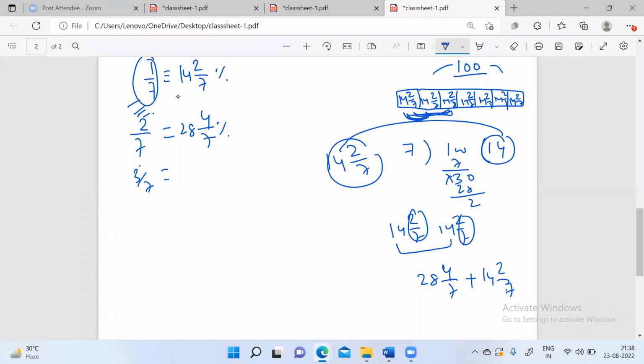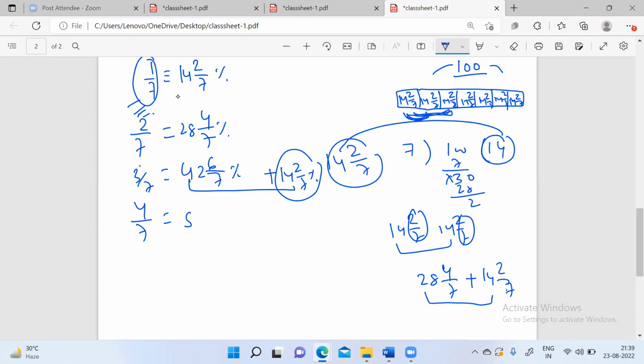So ये तुम्हारा हो जाएगा 42 6/7%। अब अगर 4/7 लेना होगा तो हम 42 6/7 में फिर से 14 2/7 ऐड कर सकते हैं, तो 42 प्लस 14 कितना हो जाएगा? 56. और ये दोनों ऐड करके 8/7 हो जाएगा। नाउ यू हैव टू रिमेम्बर दैट दिस इज मोर देन 1। 57 1/7. तो इसको हम फिर से शिफ्ट कर देंगे 1 को, तो ये हो जाएगा 57 1/7। So this is how you have to complete the table.